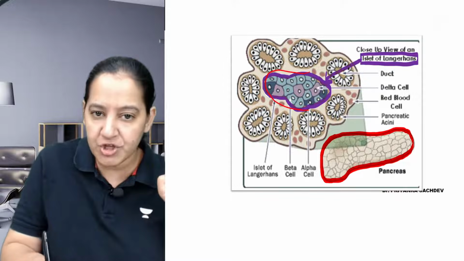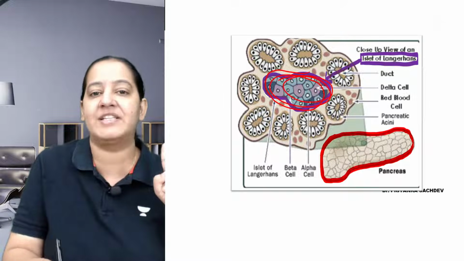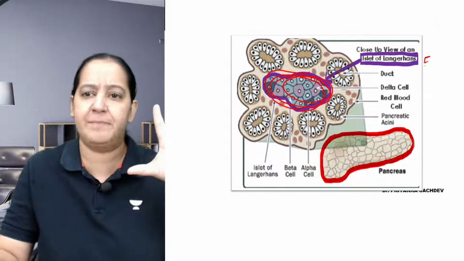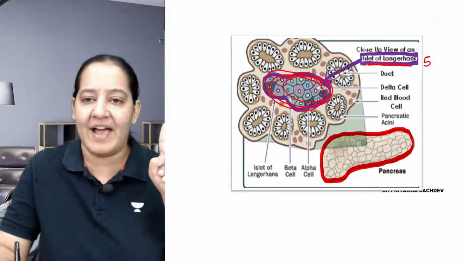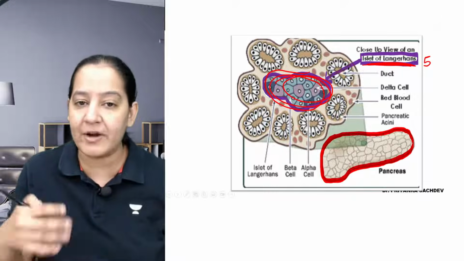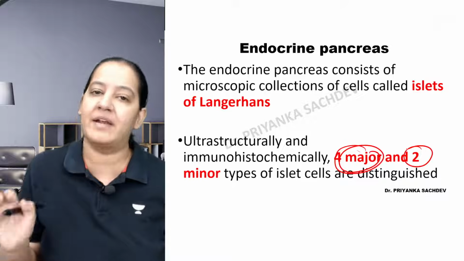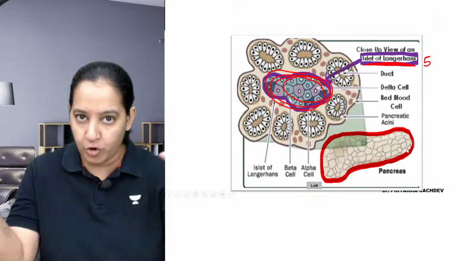The endocrine portion of the pancreas, here in the center, is a microscopic collection of cells known as the islet of Langerhans. Basically 4 major and 2 minor cell types are grouped together.